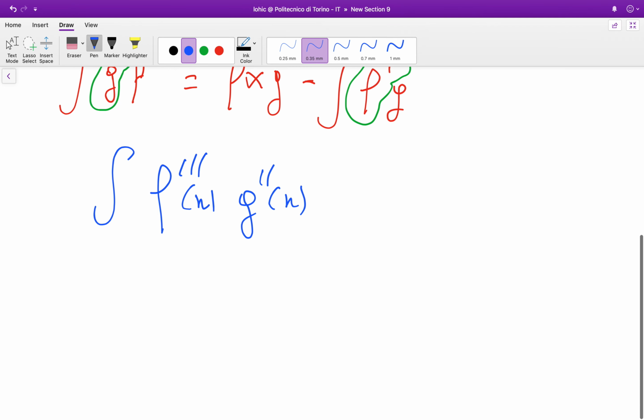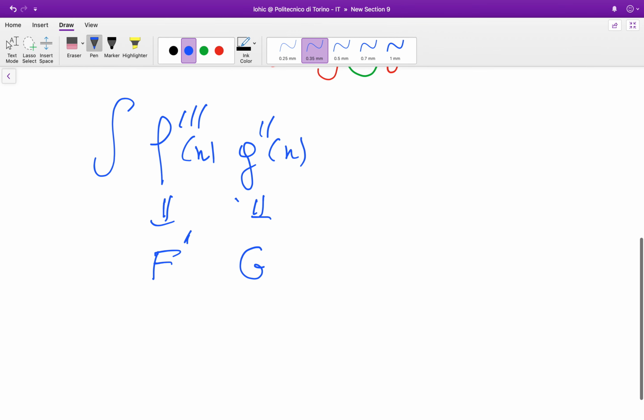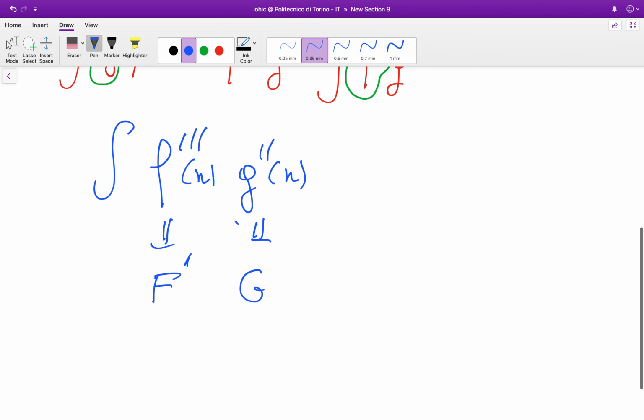If I call this one f prime and this one g, it means that I am trying to do the integral of f prime multiplied by g.